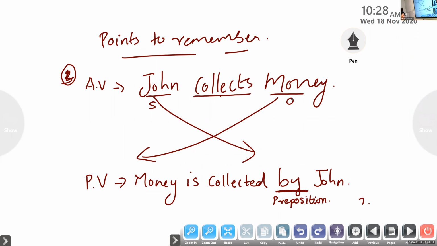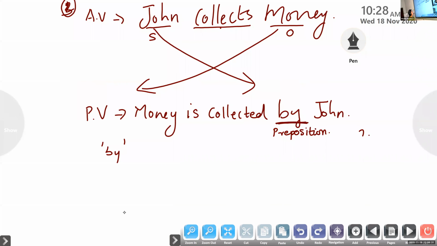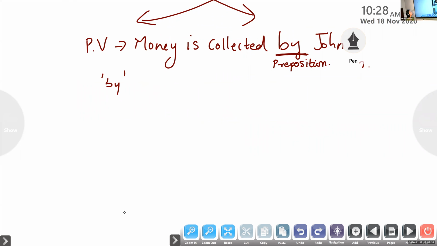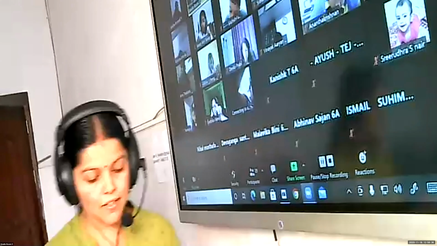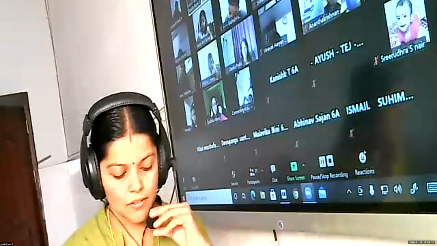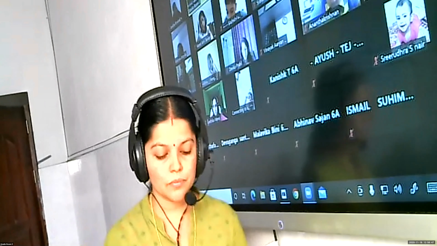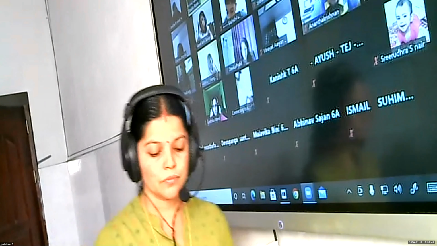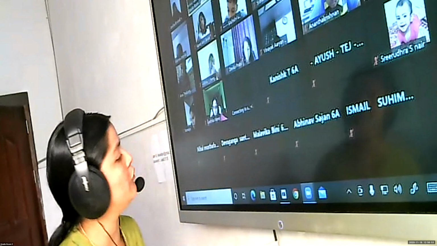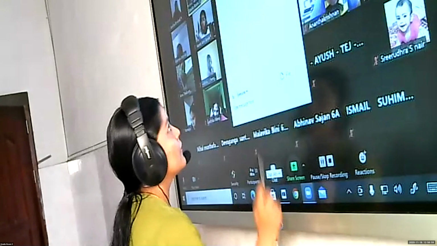Under this, the point is you write next sentence. The preposition by. By must be in single quotation. Your statement: the preposition by is used before the object of the passive voice.